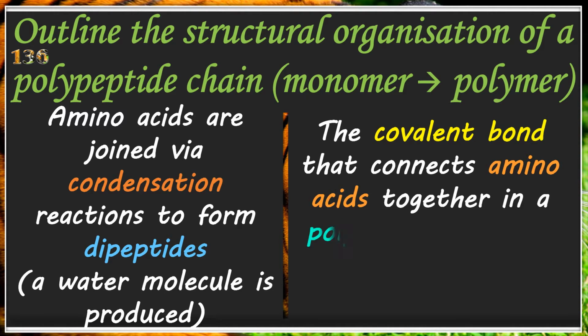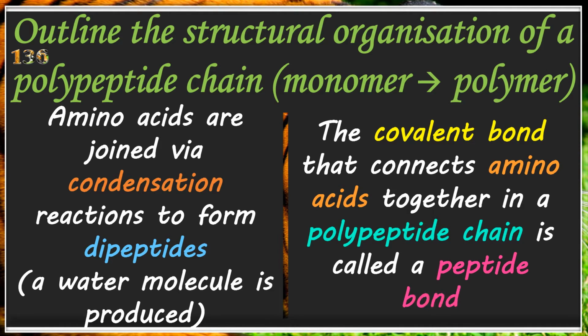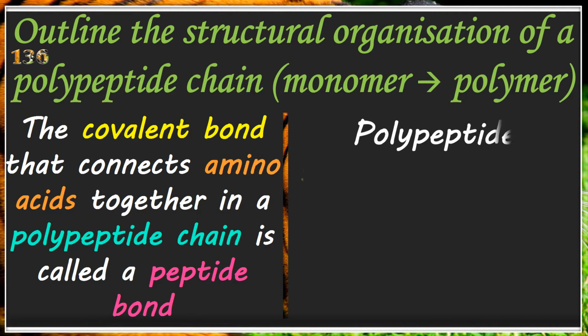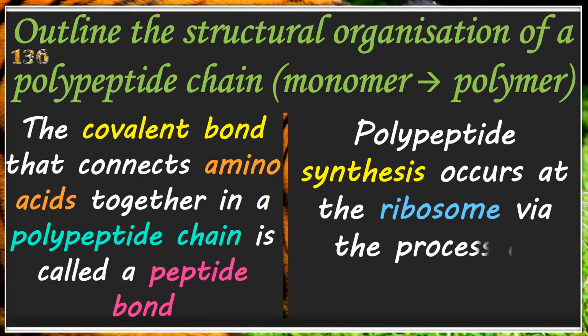The covalent bond that connects amino acids together in the polypeptide chain is called a peptide bond. The polypeptide synthesis occurs at the ribosome via the process of translation.